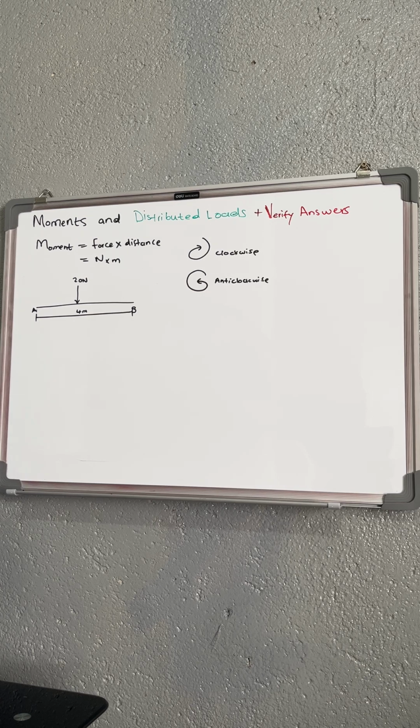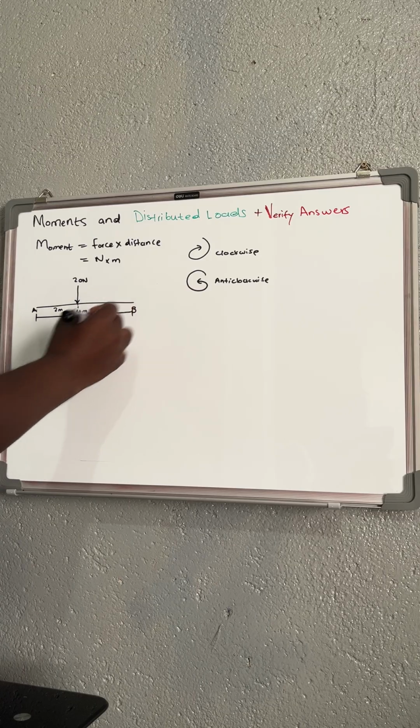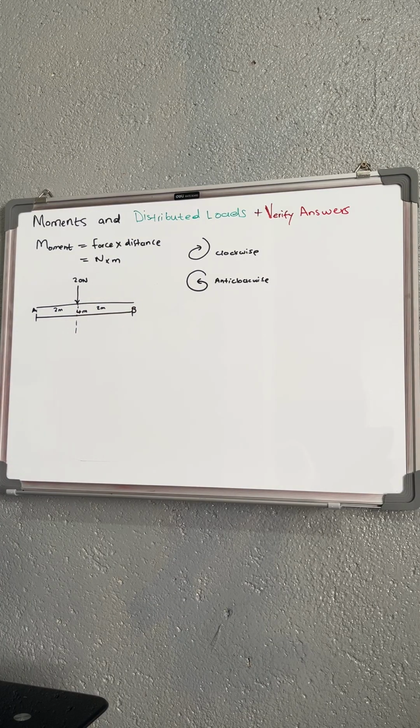I just want us to start with the simple ones, going to the harder ones as we go forth with the video. As we know, this would be in the middle. It means this side we can say we have 2 meters, this side we have 2, but it's not always in the middle. They can give it to you somewhere else. You just have to carefully look at the distance.